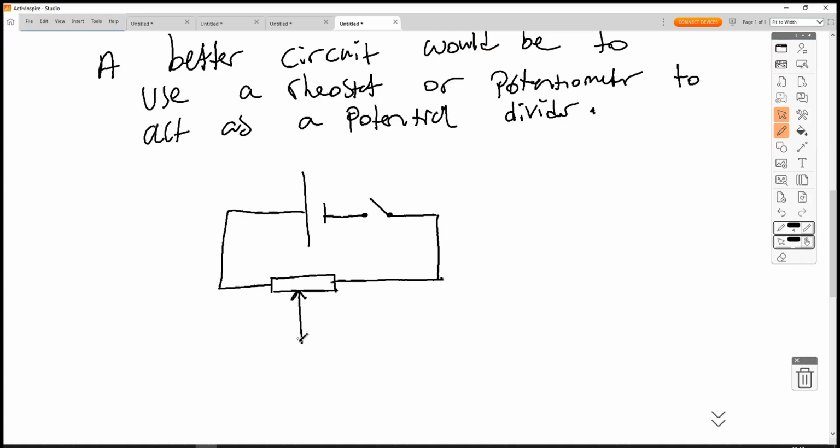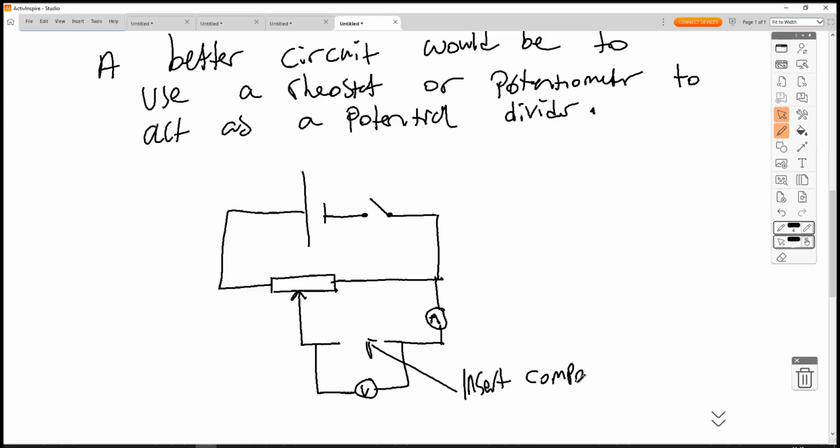Then coming parallel from its slider, so these have sliders, we have our gap with our component and our ammeter. And then we put our voltmeter in parallel to that. And in that gap, we insert component over there.